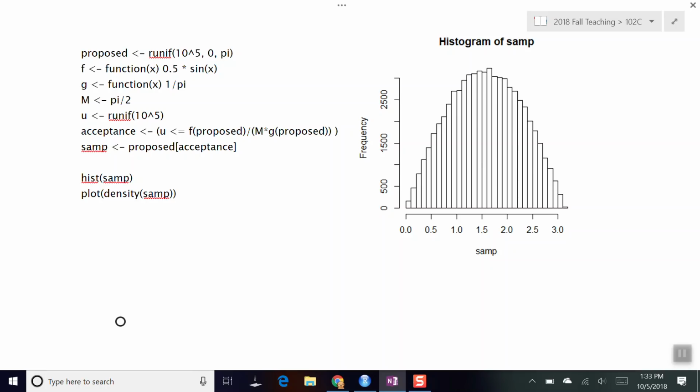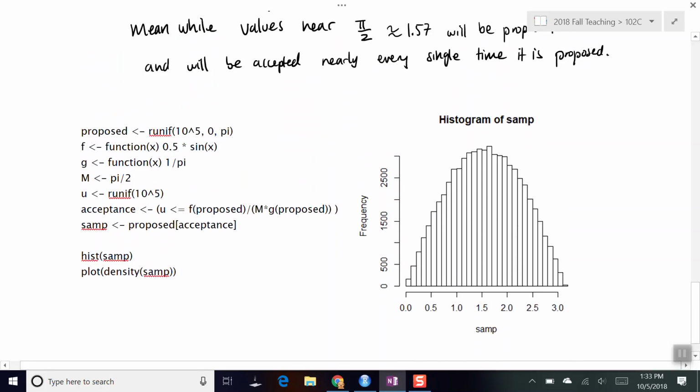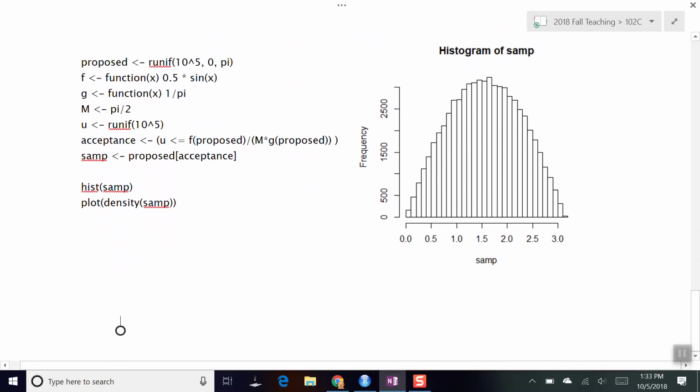So that's rejection sampling in a nutshell. Okay, are there any questions on this? Okay. So this was the uniform case where we had a uniform proposal, and the same concept can be expanded beyond the uniform proposal.